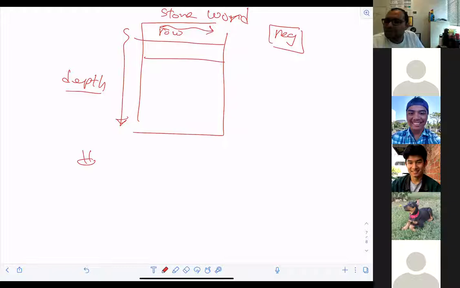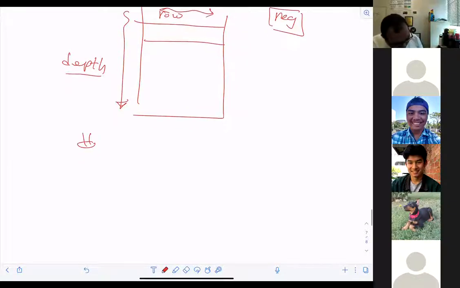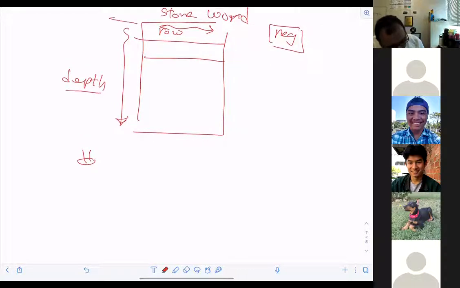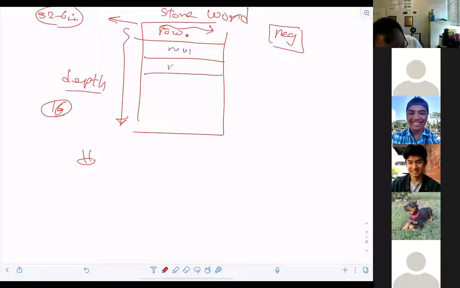Did you know what this is? And then they tell you the size of the row. Let's imagine that our row is 32-bit, and our depth is 16. So how many rows do we have in this memory? 16, right? Because depth means I have row 0, row 1, row 2, boom, boom, boom, up to row 15, so that's why 16.